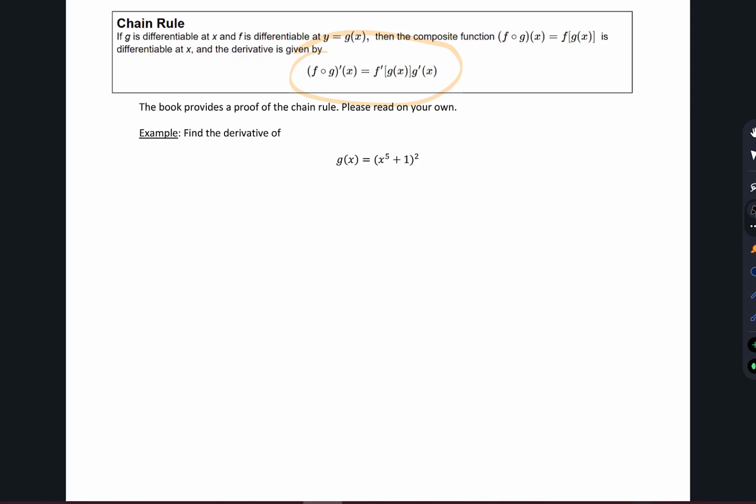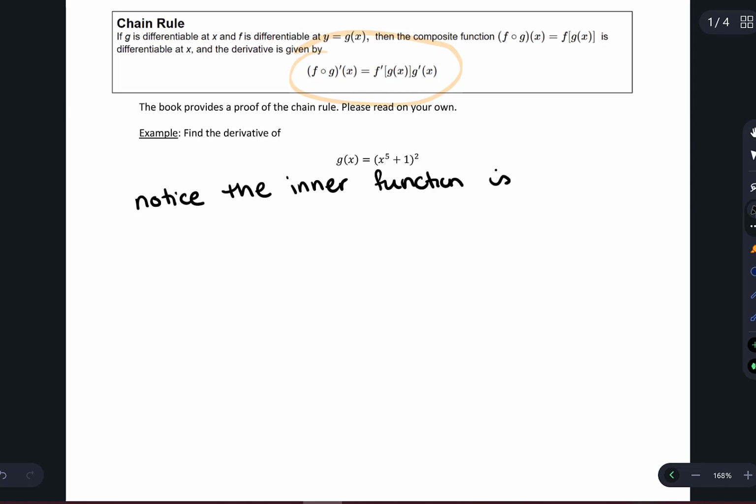Well, first of all, notice that the inner function is x to the fifth plus 1. And then the outer function, we could use h to denote this, is h of u equals u squared.